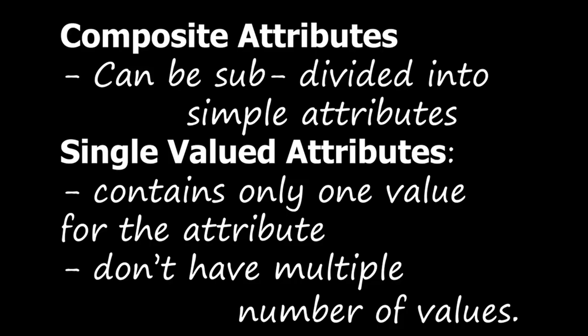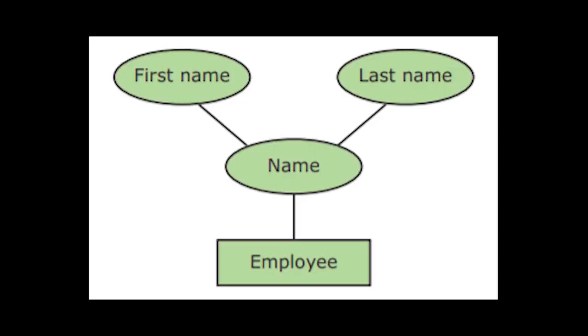Okay, then the next one is composite attributes. Composite attributes means it can be subdivided into simple attributes without changing the meaning of the attribute. In this diagram, it is given as employee name, first name, last name, right? If you consider first name and last name, it can be subdivided and taken as two attributes also. Say my name is Janisha Immansi.